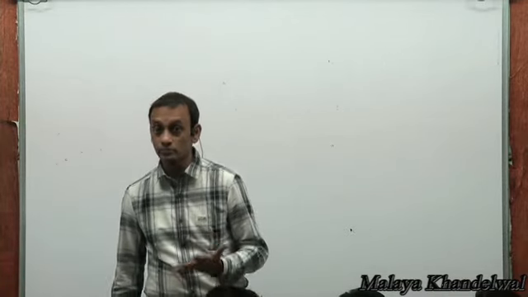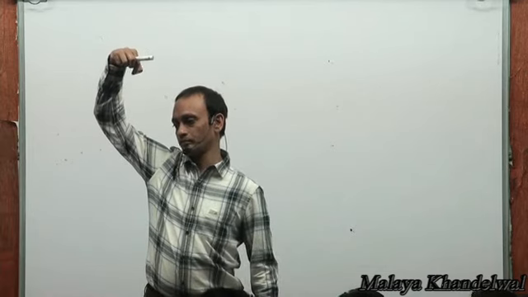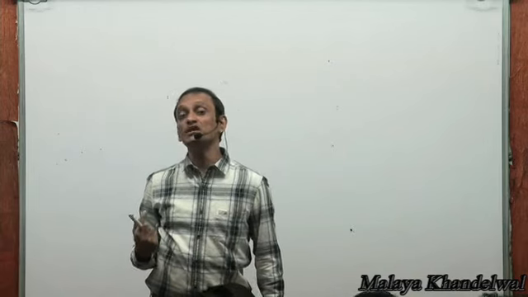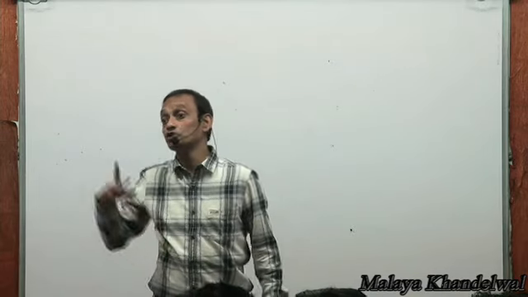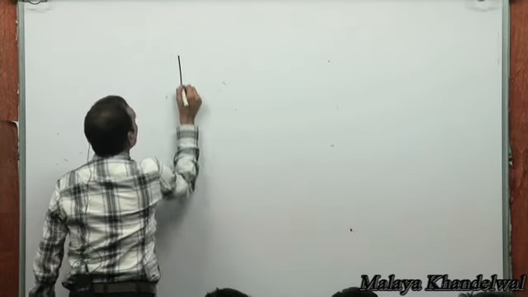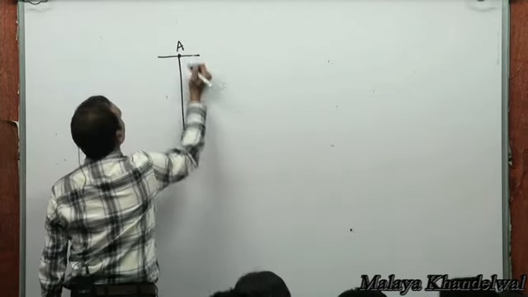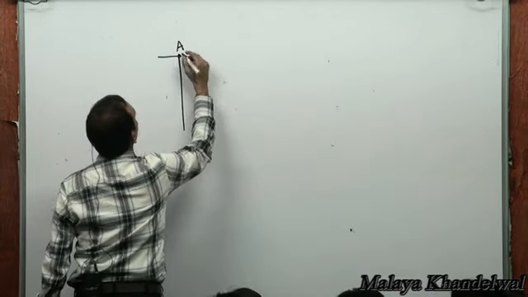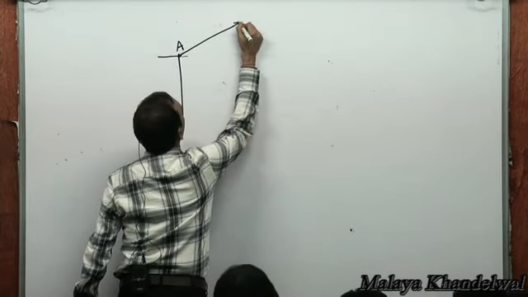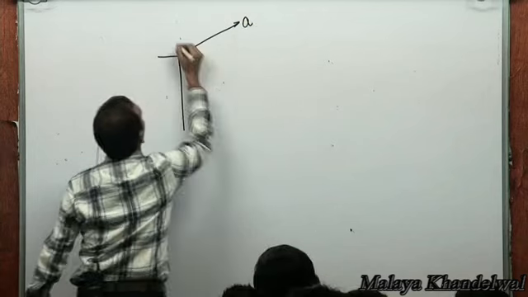Now, let me look at variants around the simple pendulum. This was a situation in which the point of suspension A was fixed. We will examine what happens in the event the point of suspension is accelerated. So this time, we'll look at the point A, the point of suspension, having an acceleration a naught.